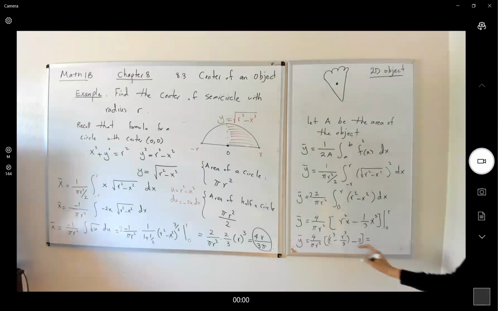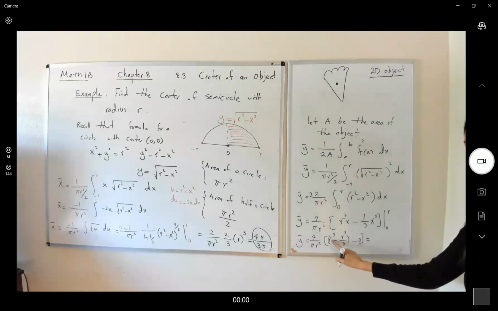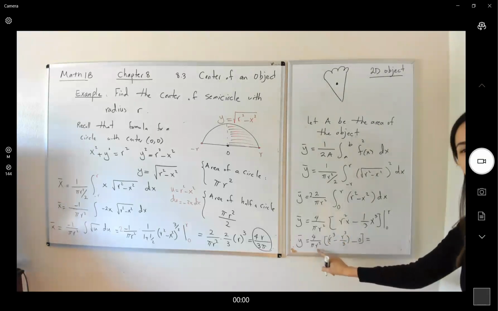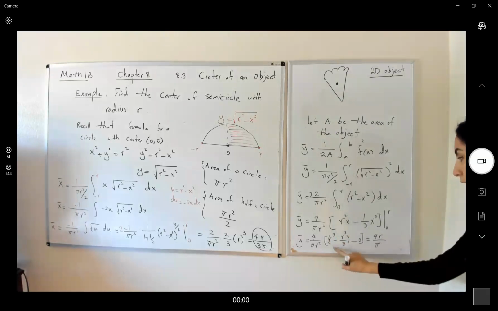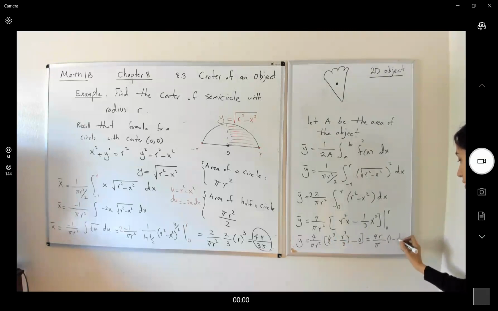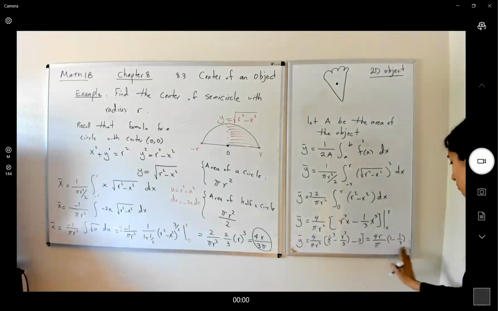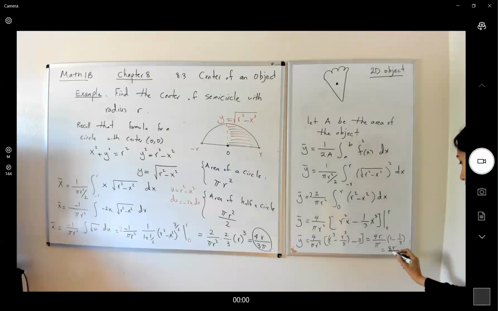If you simplify, you can factor out r cubed. R cubed divided by r squared is r. So you have 4 r over pi, and 1 minus a third is equal to 2 thirds. So the final answer is 8 r divided by 3 pi.